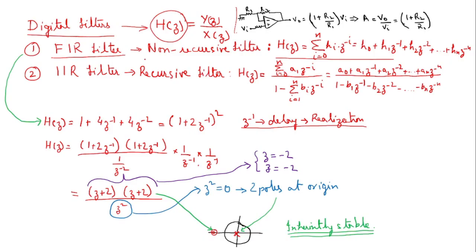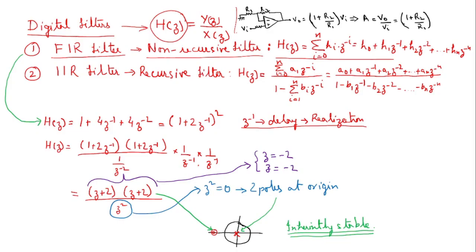Okay? And they're also regarded as non-recursive filters. So what is the specialty of this filter? The specialty is that non-recursive means there is no feedback loop. While designing the filter there will be no feedback loop.